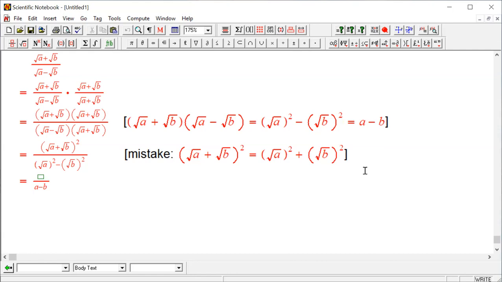This happens a lot. This is a common mistake. It's a terrible mistake. So what should be done then? It should be foiled.